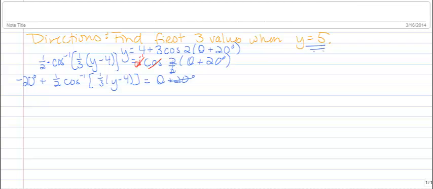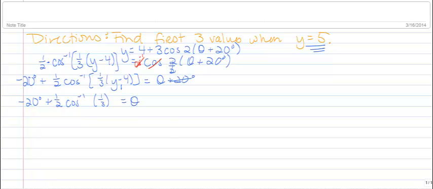So we need to find our first three values when y equals 5. So you're going to substitute in your 5 into the y. So 5 minus 4, it's going to be a 1. 1 times 1/3 is 1/3. So you're left with negative 20 degrees plus 1/2 inverse cosine of 1/3 equals theta.